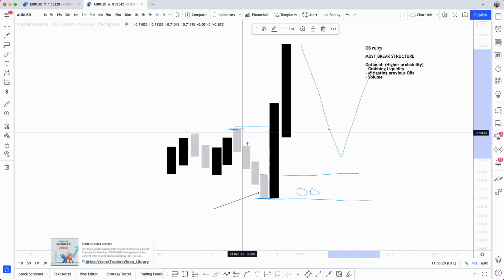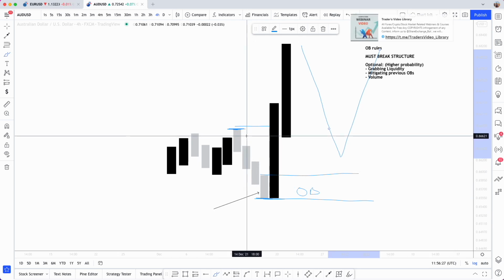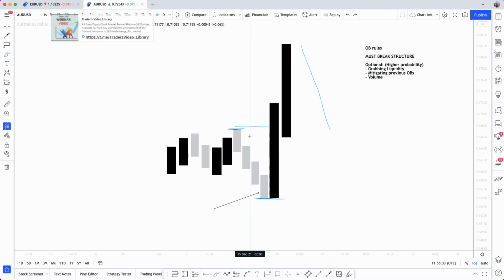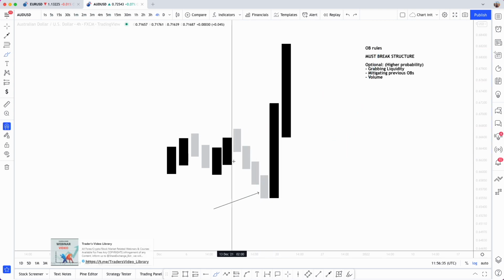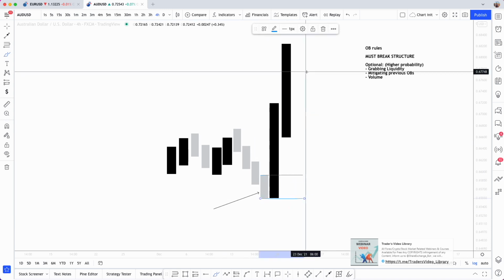Because they just need to mitigate, either at break even or take a small loss. We can't really determine how they actually do that. So, in terms of OBs, the reason I'm saying it's not always the last bearish candle before the bullish push is because of our refinement.